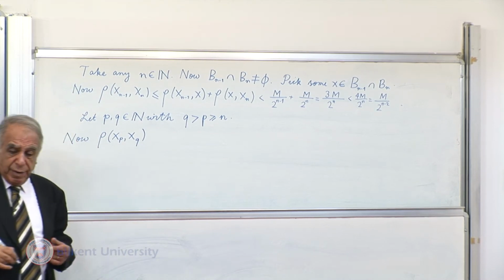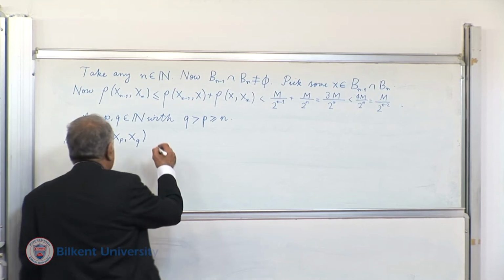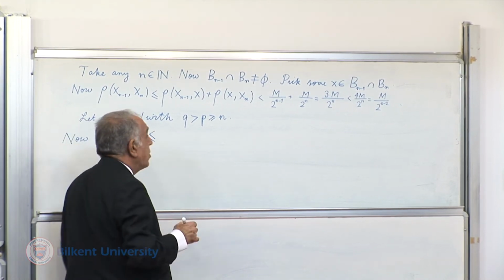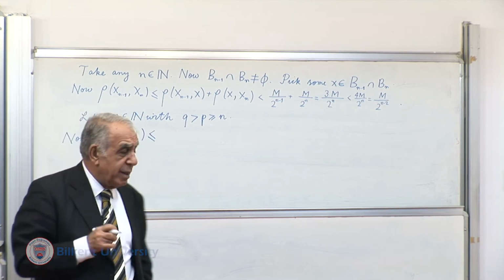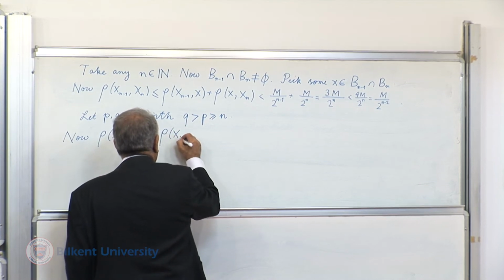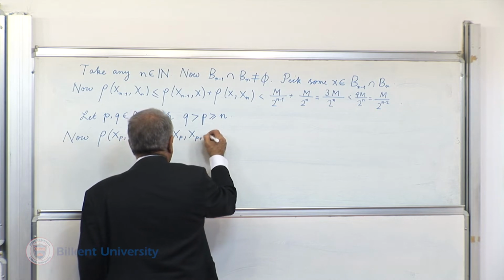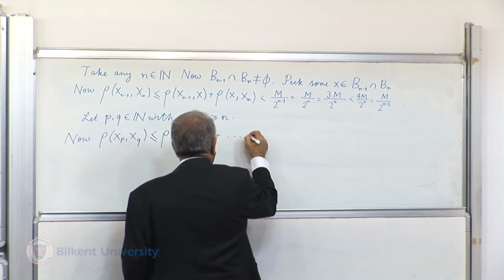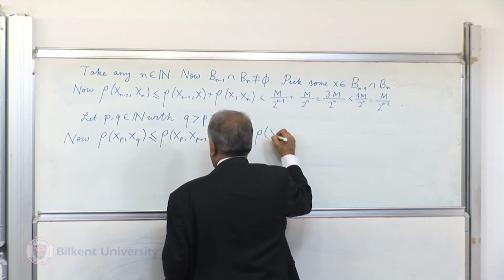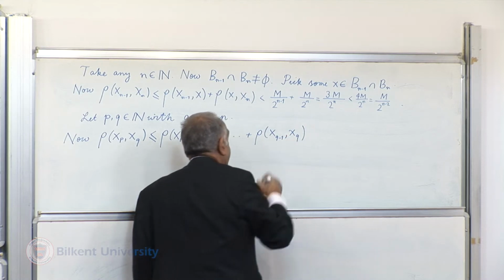No matter how far apart from each other these are, I can use the triangle inequality successively, and this will then be, in terms of the distances of two consecutive points in the sequence, rho of x sub p, x sub p plus 1, plus up to rho of x sub q minus 1, x sub q.